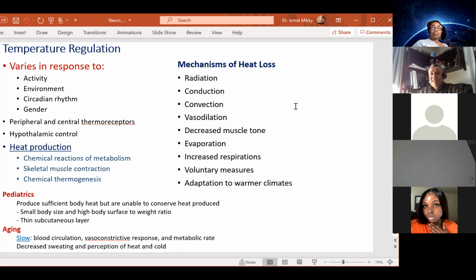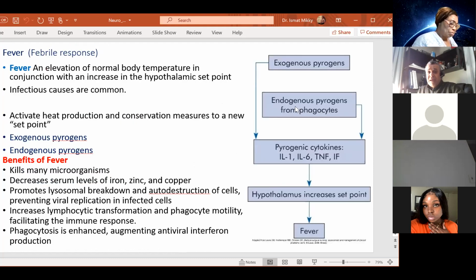That will reset or alter the set point for the hypothalamus, and that's when the patient experiences an elevation of temperature. Here we are going to go over other types of hyperthermia, or alterations in temperature regulation.